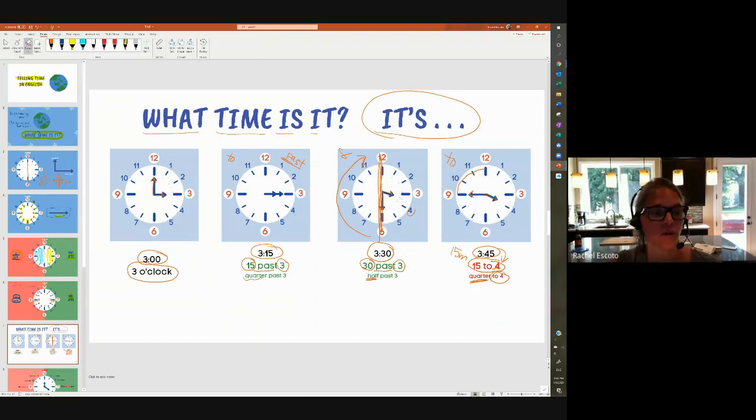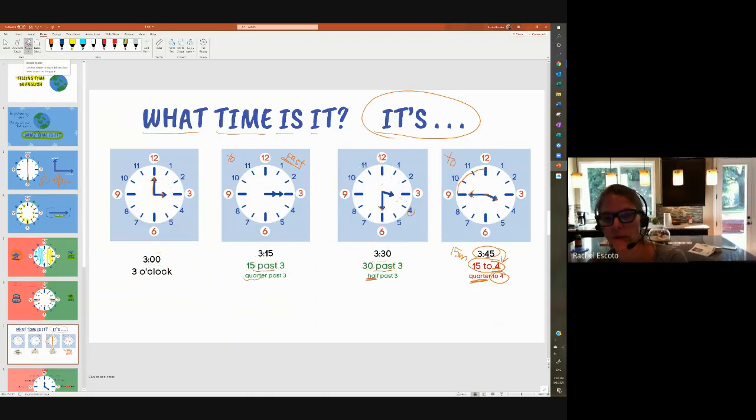Okay, let me go over those real quick one more time. My eraser keeps getting stuck. Okay, so one more time. Ready? So this is 3 o'clock, and we just say 3 o'clock. This one is 3:15, or 15 past 3, or quarter past 3.